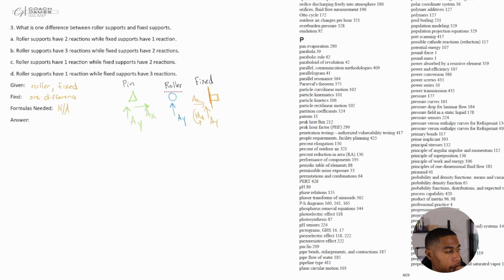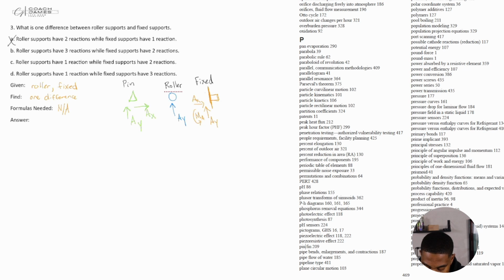All right, so that was just a little bit of a refresher. Okay, so for A, it says roller supports have two reactions. We just drew it out. We know a roller doesn't have two reactions, it only has one in the AY direction. So that's wrong already.